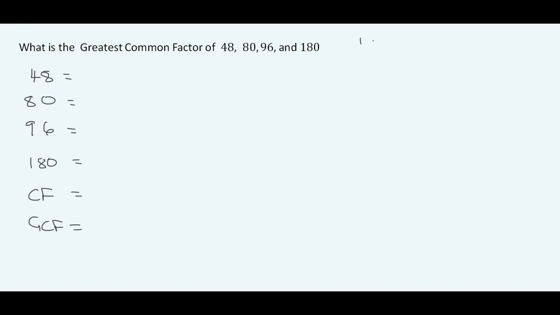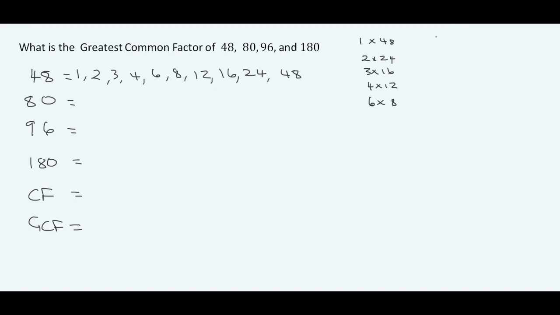We have 1 multiplied by 48, 2 multiplied by 24, 3 multiplied by 16, 4 multiplied by 12, 6 multiplied by 8. So I have 1, 2, 3, 4, 6, 8, 12, 16, 24, 48.